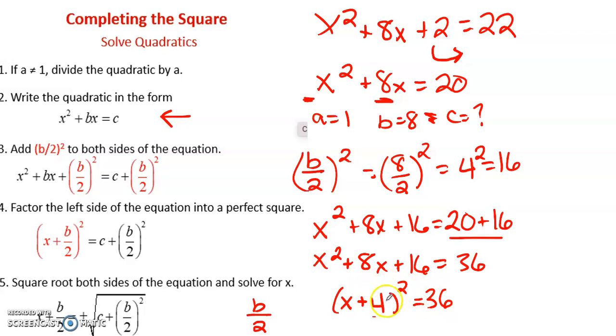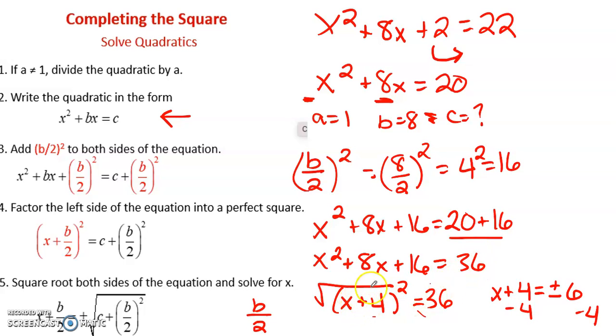If I take the square root of the left, it cancels with the square, and then I'm going to take the square root of the right. So I get x plus 4 gives me a positive or negative 6, because the square root of 36 is 6. And then I'm going to subtract 4 to both sides.